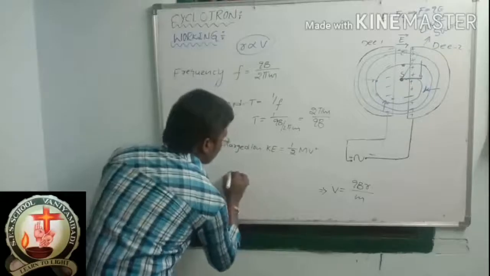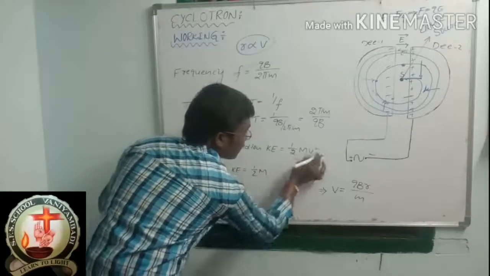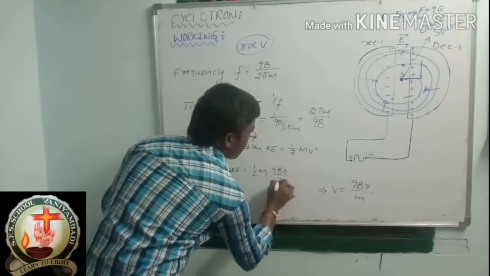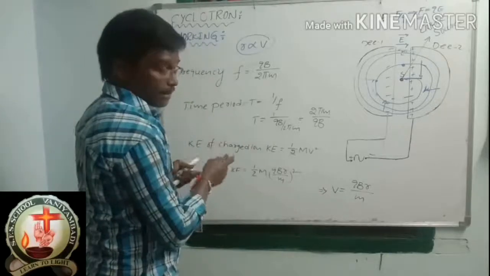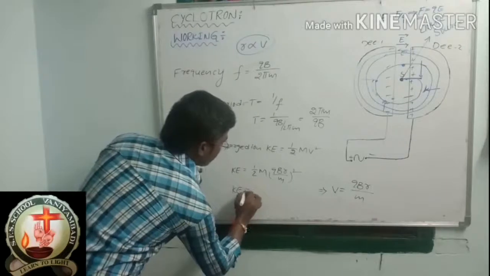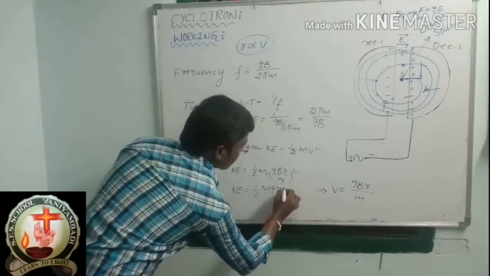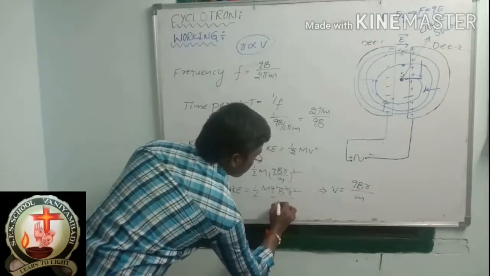Kinetic energy is equal to half m, (qBr by m) whole square. Whole square applies to all terms, so kinetic energy is equal to half m q square B square r square by m square.